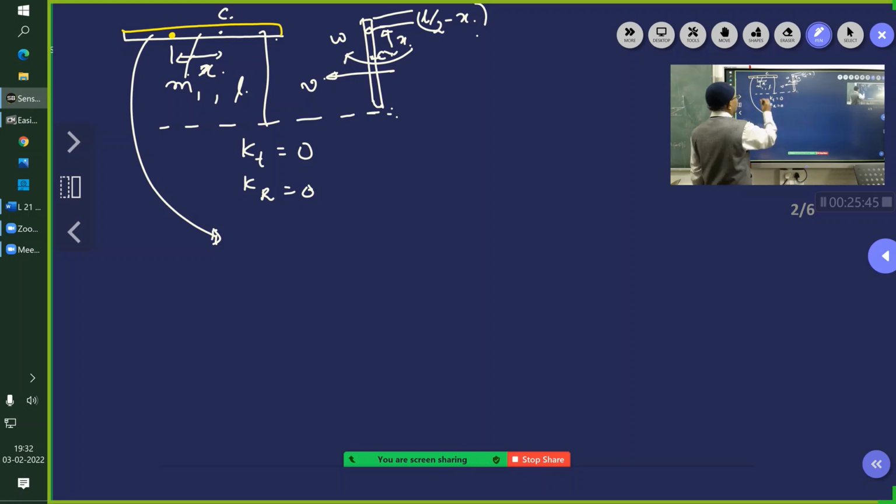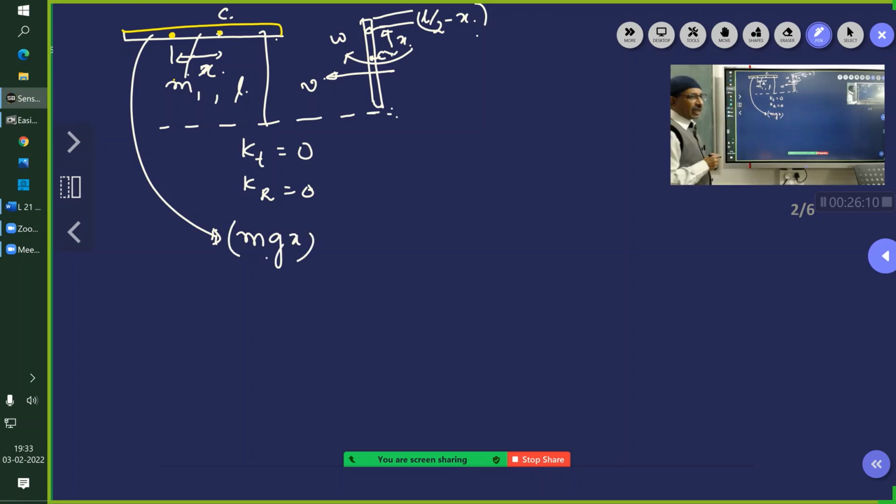No. See, you use the concept of center of mass. The entire mass is concentrated at the center. Now this center of mass will come here. So if the entire mass is concentrated here, then this will simply come here. Then that means its potential energy is simply mgx at that point.